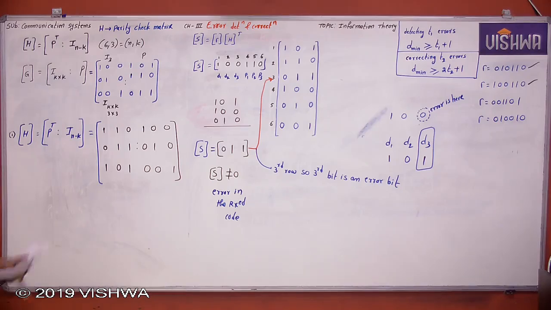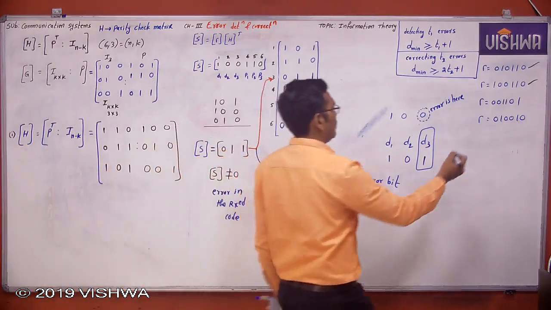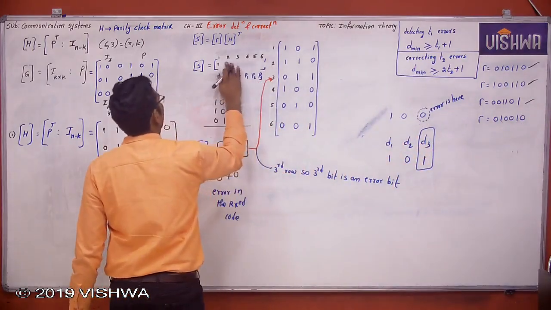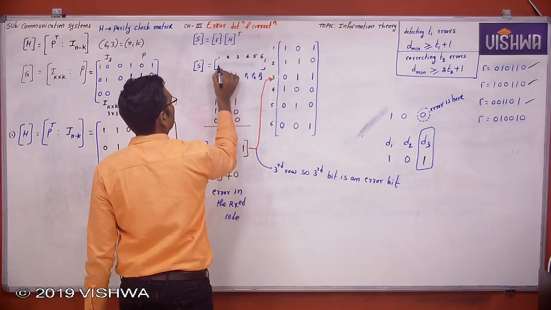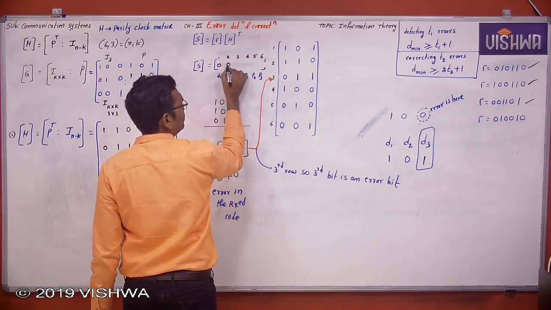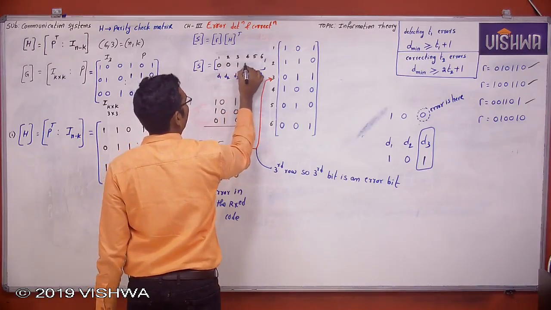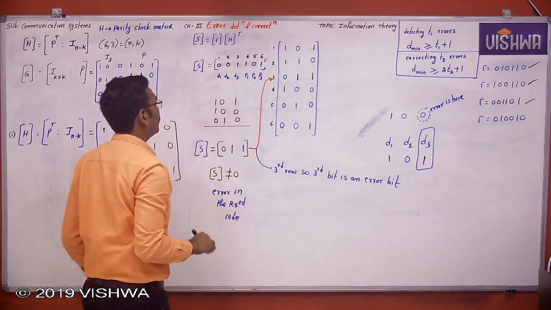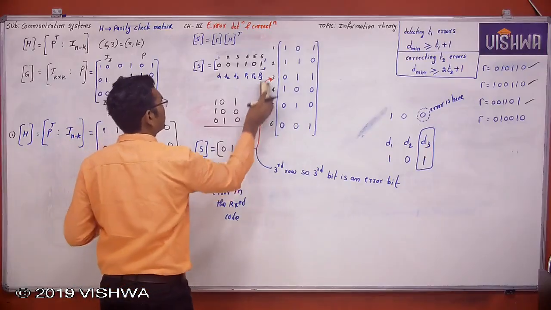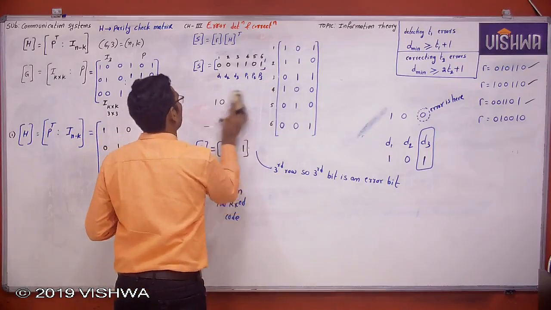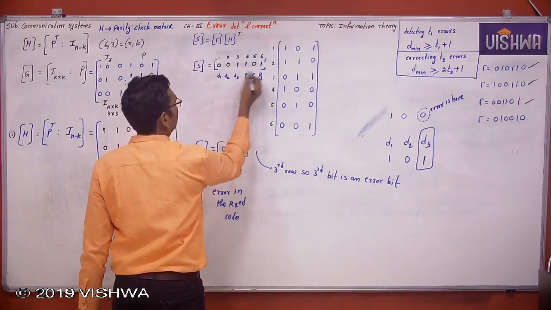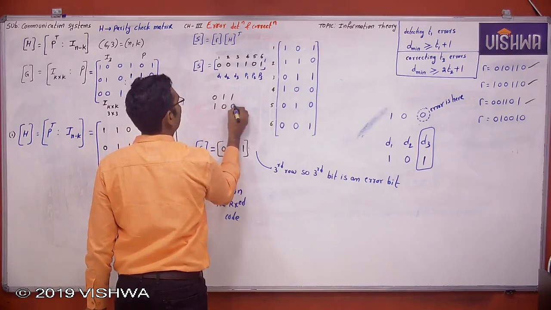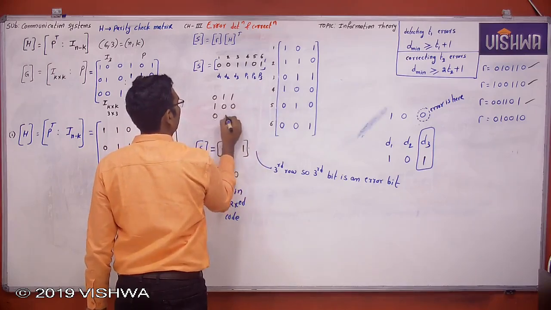Now we'll see the last case, this one. Concentrate, you can easily understand. The received code is 0 0 1 1 0 1. This is the received code. So now again collect. Now third row is 0 1 1, fourth row is 1 0 0, sixth row is 0 0 1.